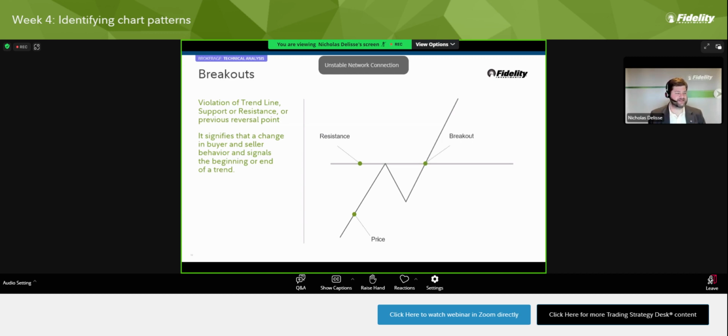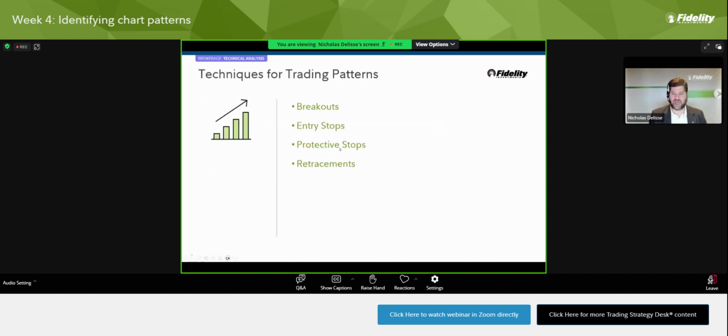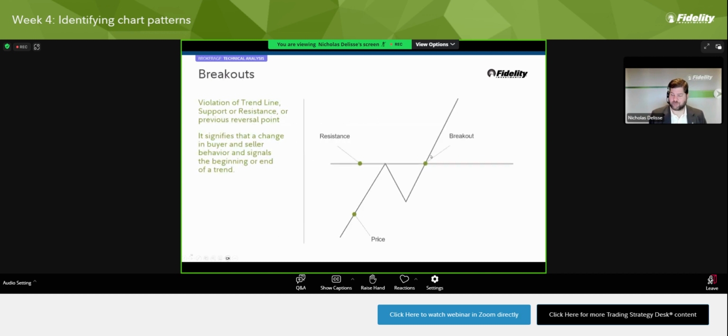So this gets into that breakout. We have a breakout, have an entry stop, so to speak. Traders might trade this. Now, if they see this coming down and they think it's going to go back up, they might set a buy stop that will trigger.